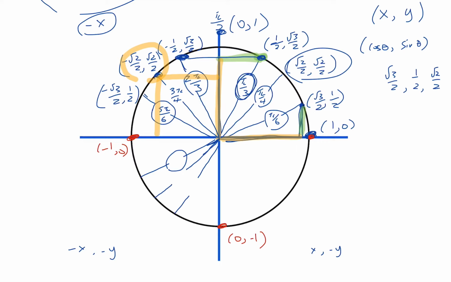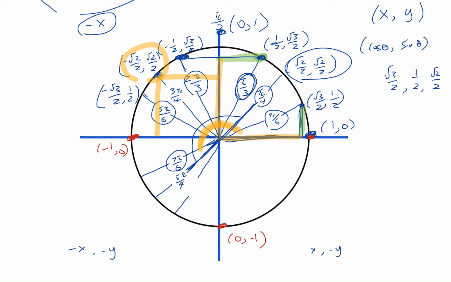This angle is essentially adding pi from this pi over 6. So pi over 6 plus pi gives me 7 pi over 6. Okay. And same for this one. This right here, as you can see, pi over 4. We add pi, then we'll get 5 pi over 4.